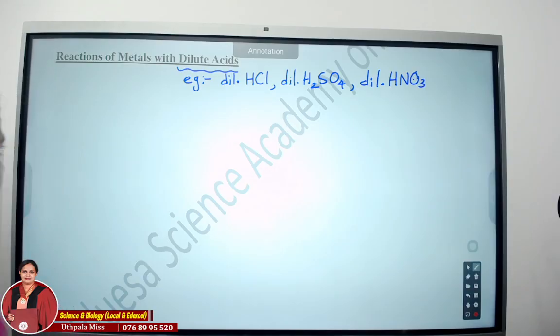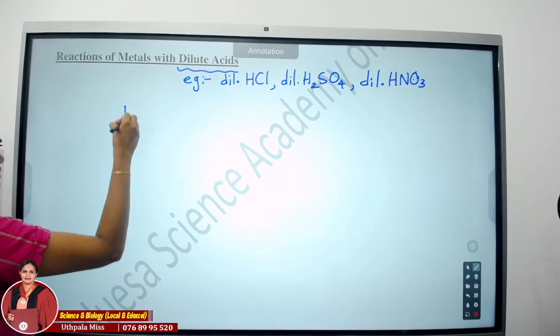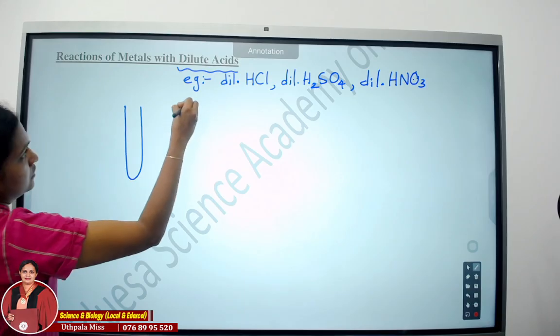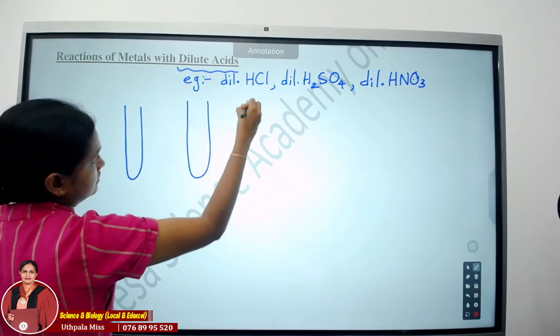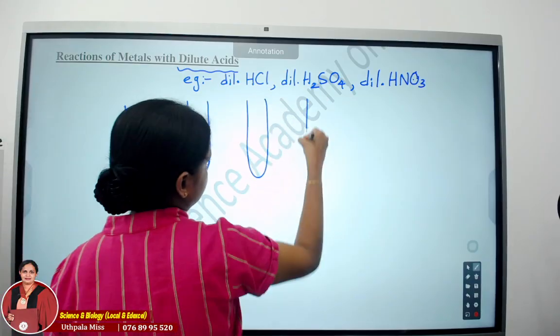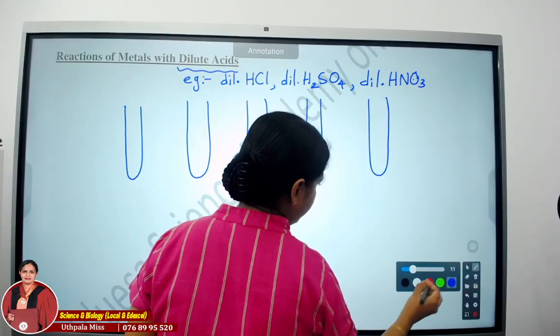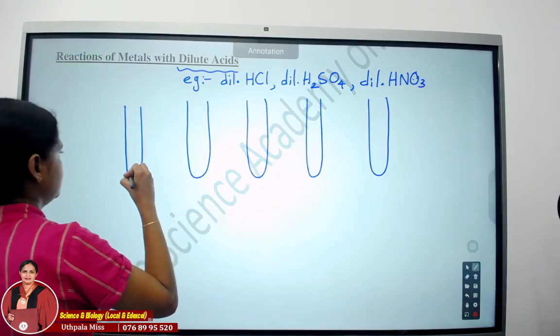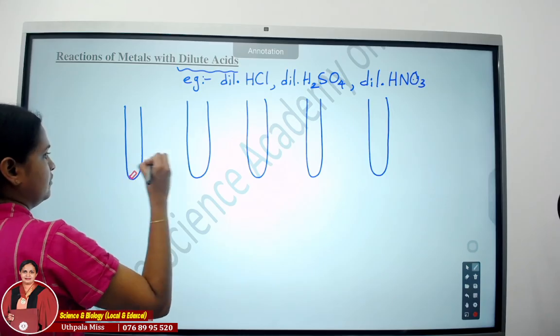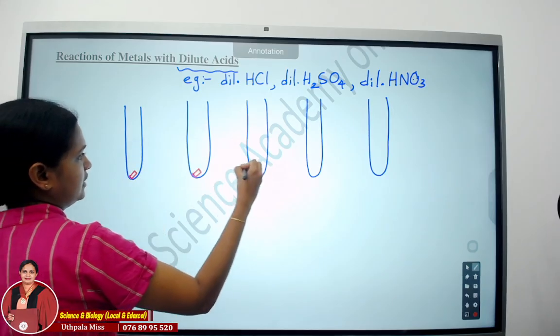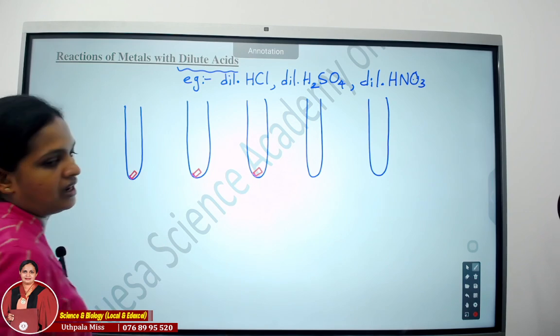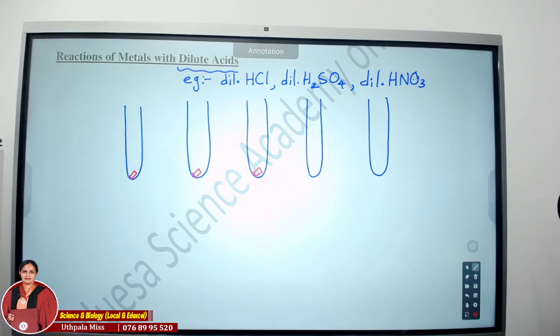So we take 5 similar test tubes, and we put similar pieces of metals: magnesium, aluminium, zinc, iron, copper.